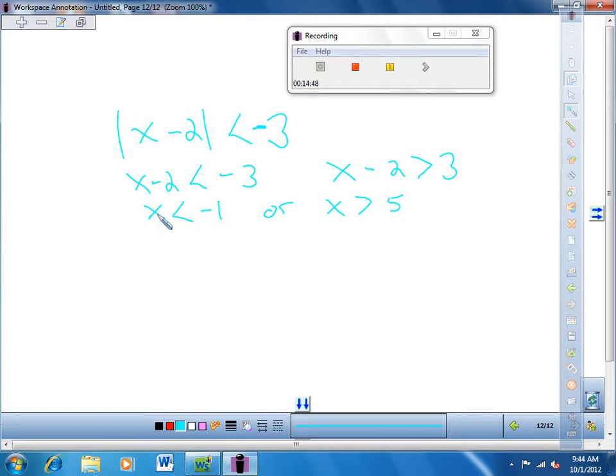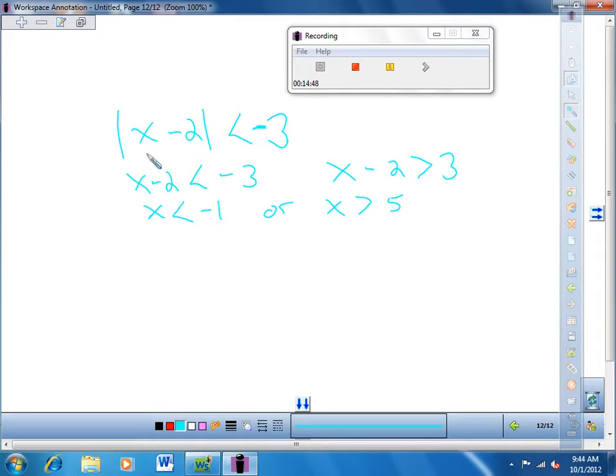But x is less than -1. If I take that and plug it in, what's a number less than -1?